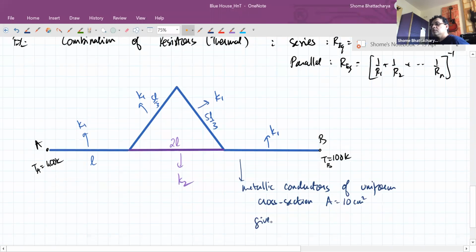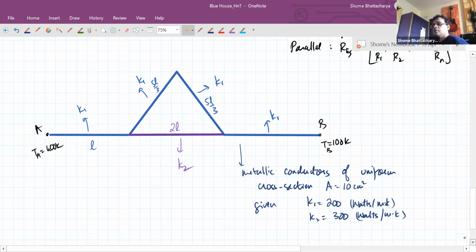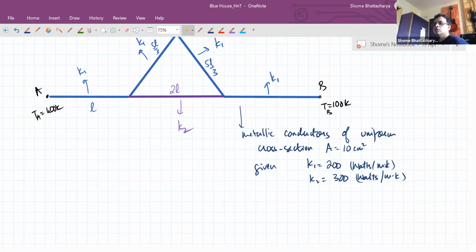And given that K1 is equal to 200 watts per meter Kelvin, K2 is equal to 300 watts per meter Kelvin, and L is equal to 1.2 meters.